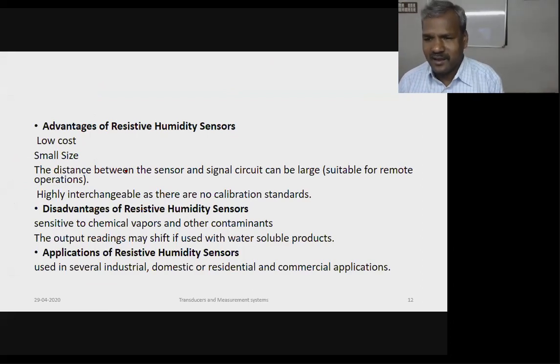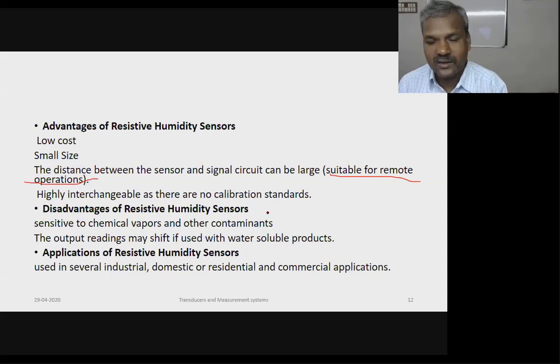The humidity is measured by weather monitoring stations; they place the probe outside in the field, but the signal conditioning and everything is placed inside the station. So it is suitable for remote operations. Then they are highly interchangeable, as there are no calibration standards for lithium chloride and carbon, so it is easily interchangeable.